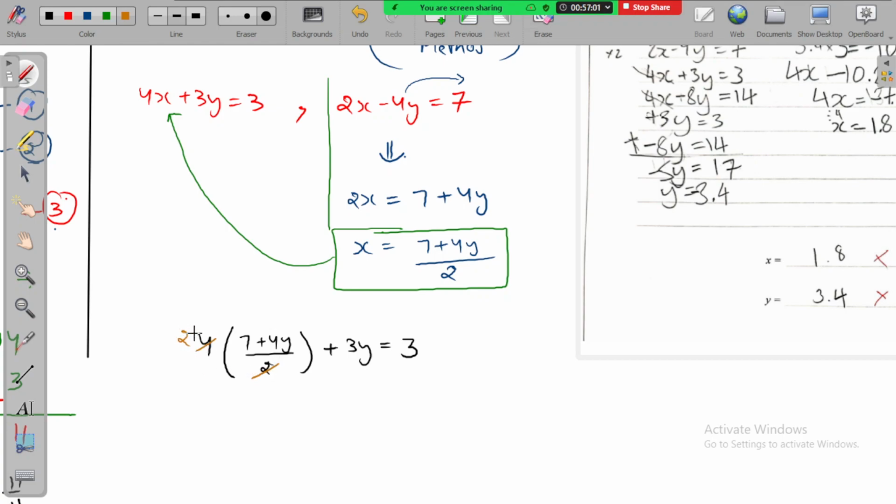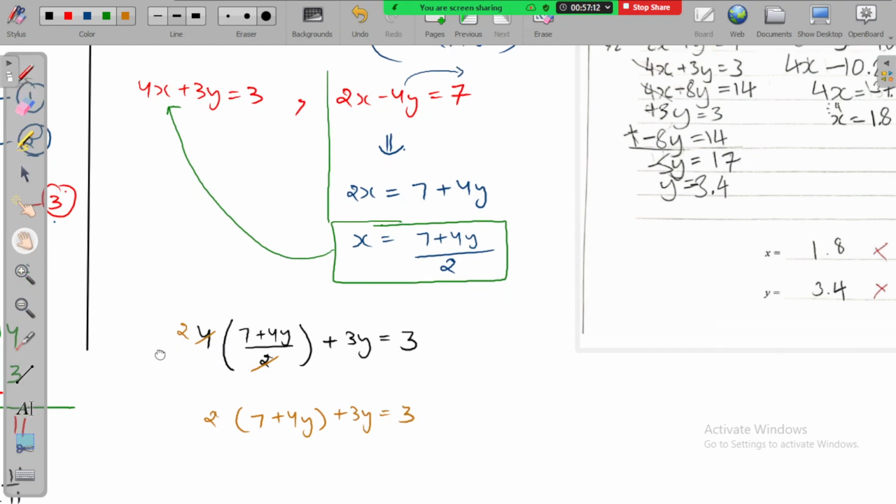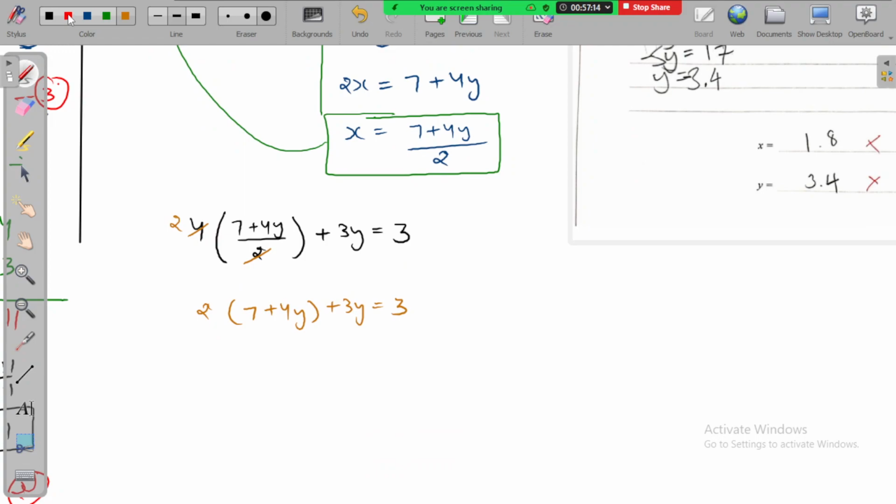So I got 2 times 7 plus 4y, plus 3y, is equal to 3. How will we simplify it further? 2 will be multiplied with both of them. So 14 plus 8y plus 3y is equal to 3.